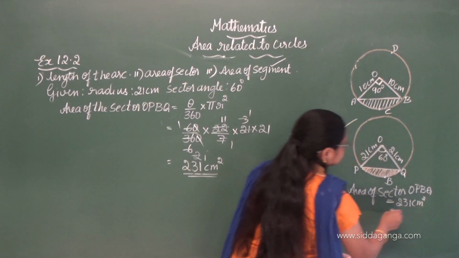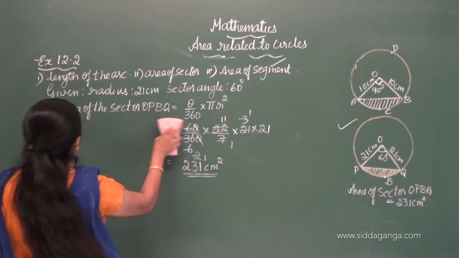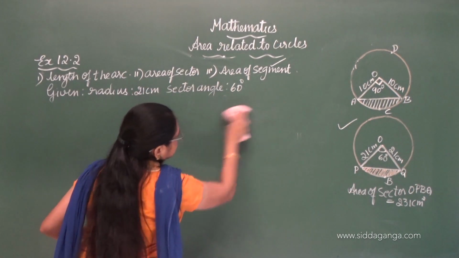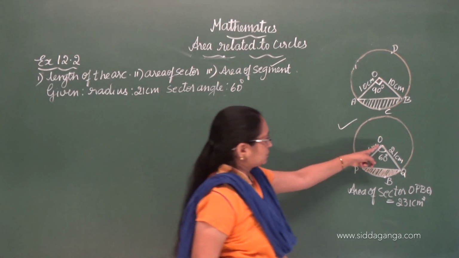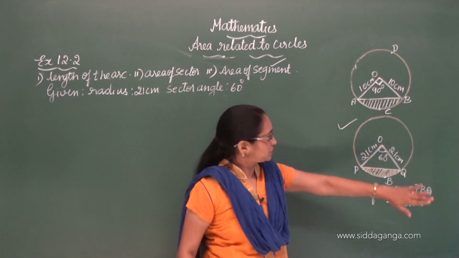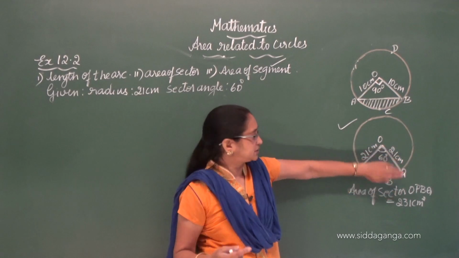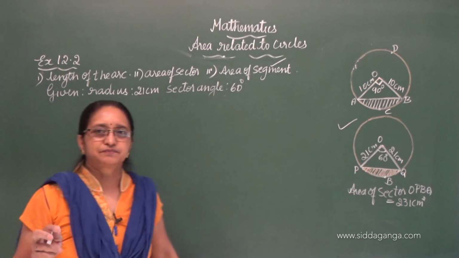I am going to write this here because we have already found it out, so no need of finding it once again. See, now the area of the sector we know, that is 231. If we know the area of the triangle and subtract, then definitely you will get the area of the segment. I hope it is clear.